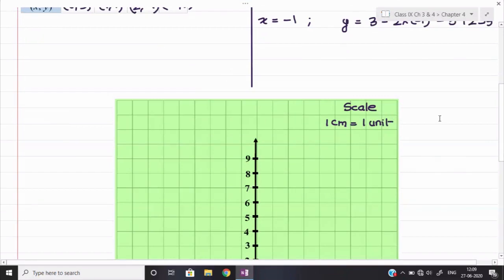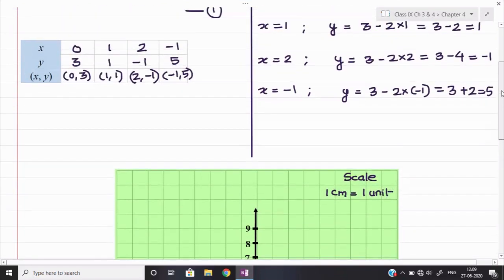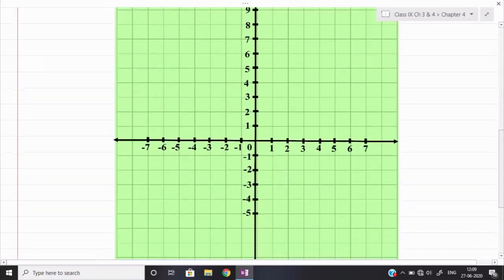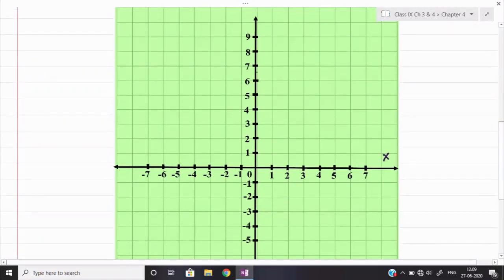Okay, now further, see, the first value we are getting here is 0 comma 3. So the value of x is 0. This is my x-axis, right? And this is my y-axis. Now, the first value is 0 comma 3.